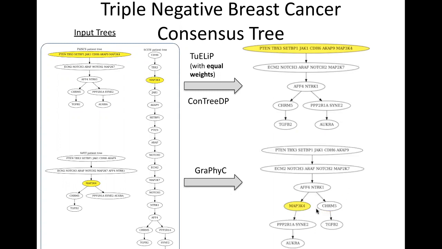The yellow node highlights the difference in where they put the MAP3K4 mutation. Our method put MAP3K4 at the top, while Graphic put it further down the tree due to the influence of one of the input trees, SciFit. The other two input trees all have MAP3K4 at the top, where the position is more reasonable.